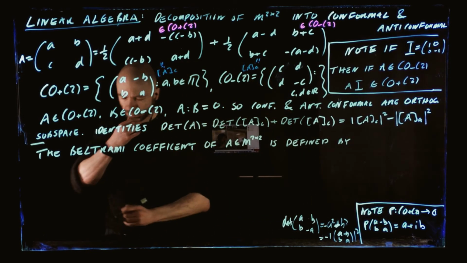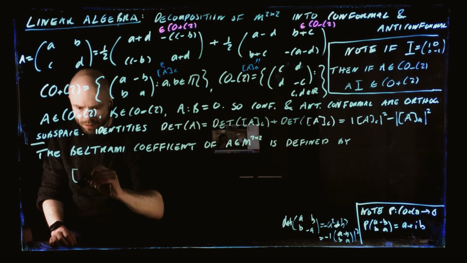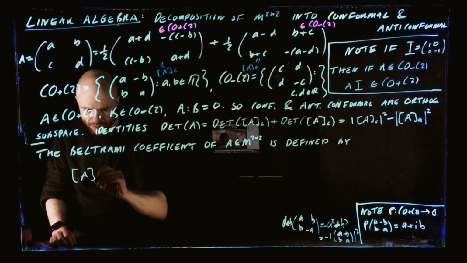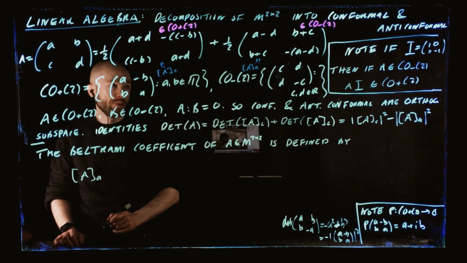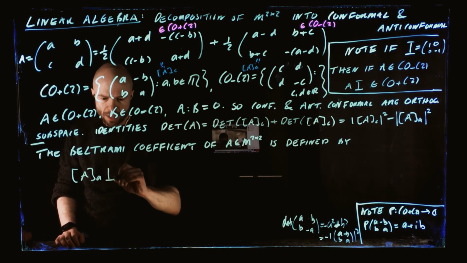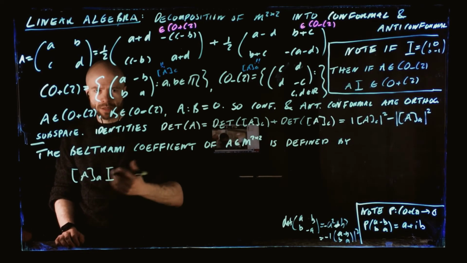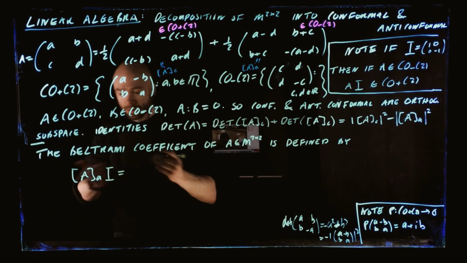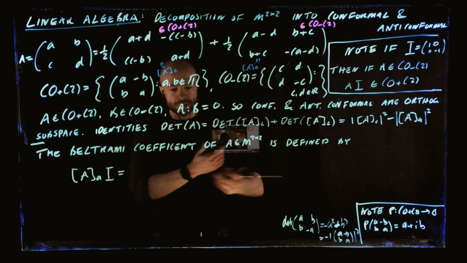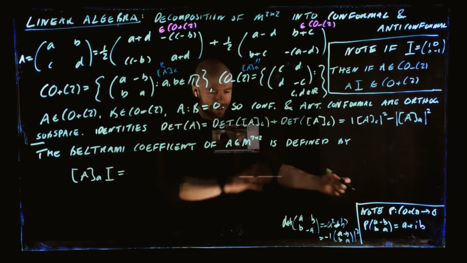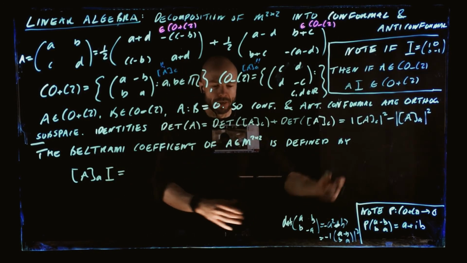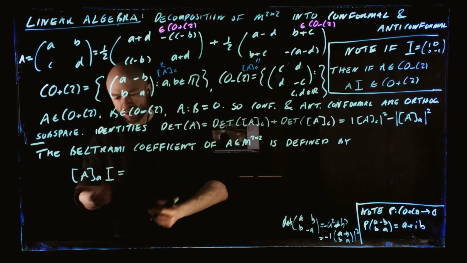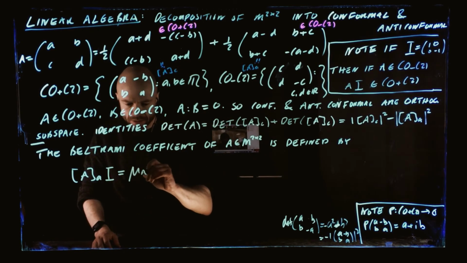We are going to take the anticonformal part of the matrix, and compose it with a reflection. This will now give us a conformal matrix. And any conformal matrix can be related to another by composition with a conformal matrix. In other words, it's the same as saying conformal matrices are a field. So we're going to define this to be like this.